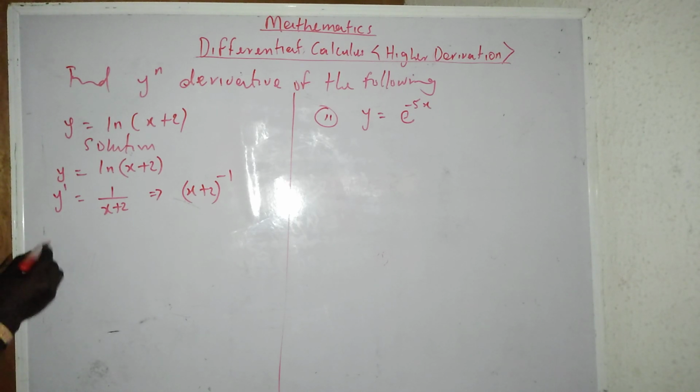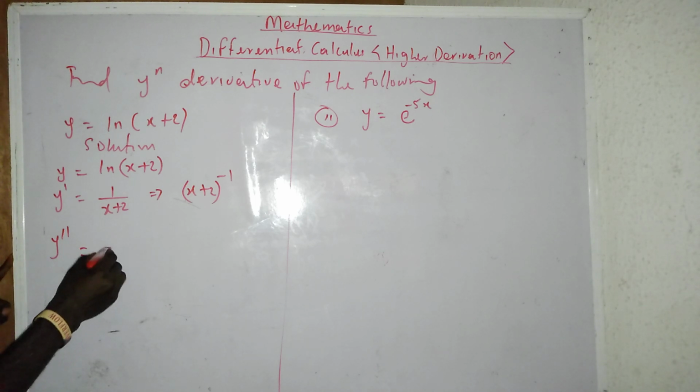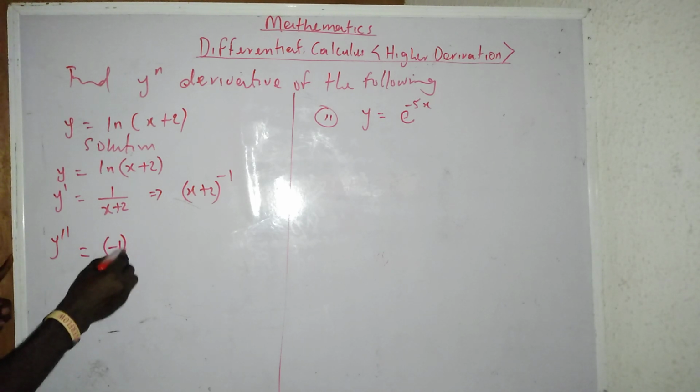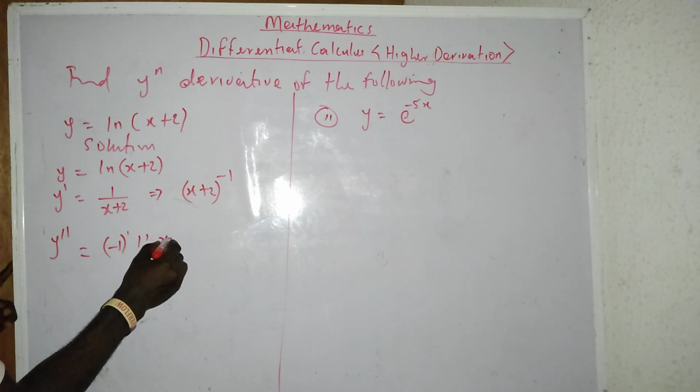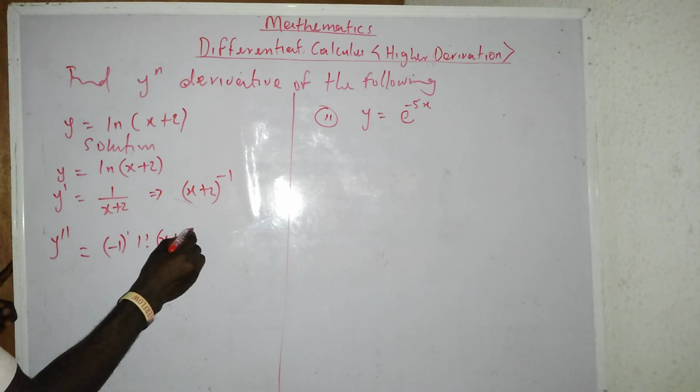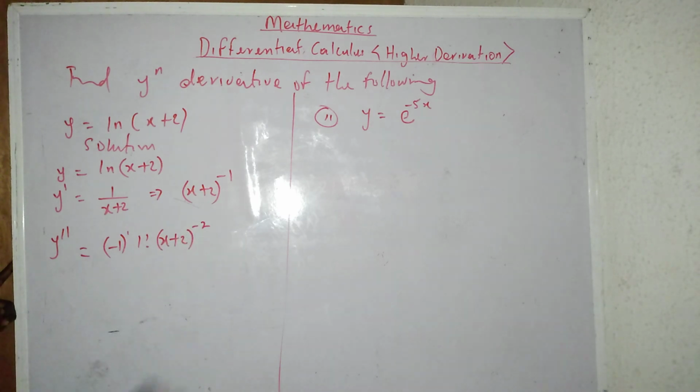If I have the second derivative, it will be minus 1 raised to power 1, 1 factorial, x plus 2 bracket of minus 2.